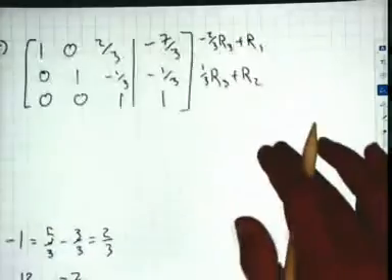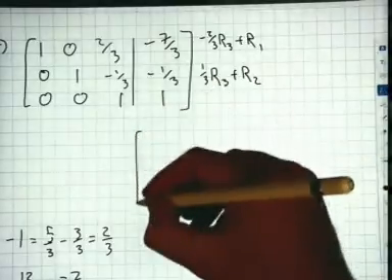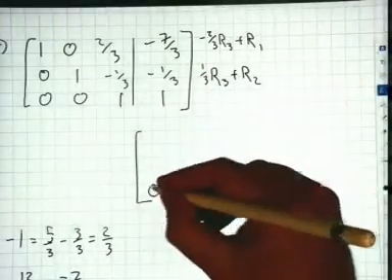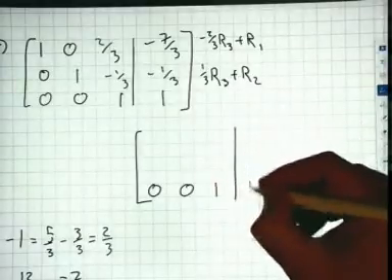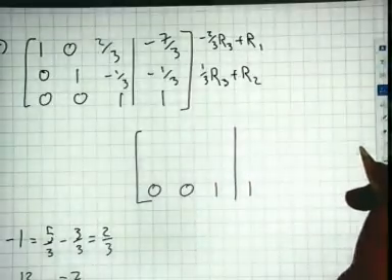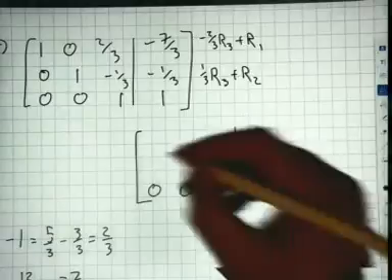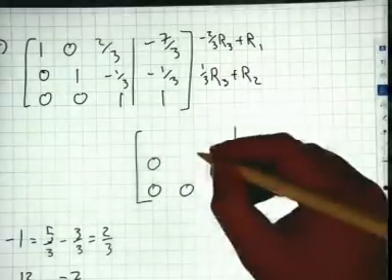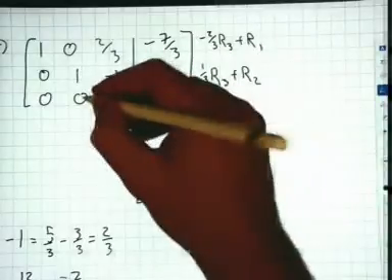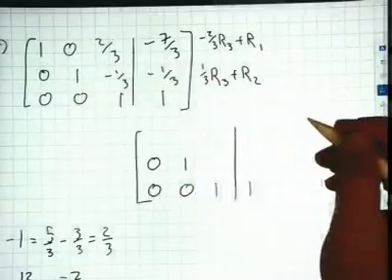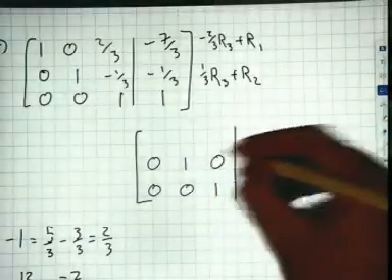So here we go. First of all, row 3 does not change. Alright, so here we go. You're going to get 0 because you're multiplying 1/3 by 0. That's going to become 0. You're still going to get a 1 right there. This becomes 0.